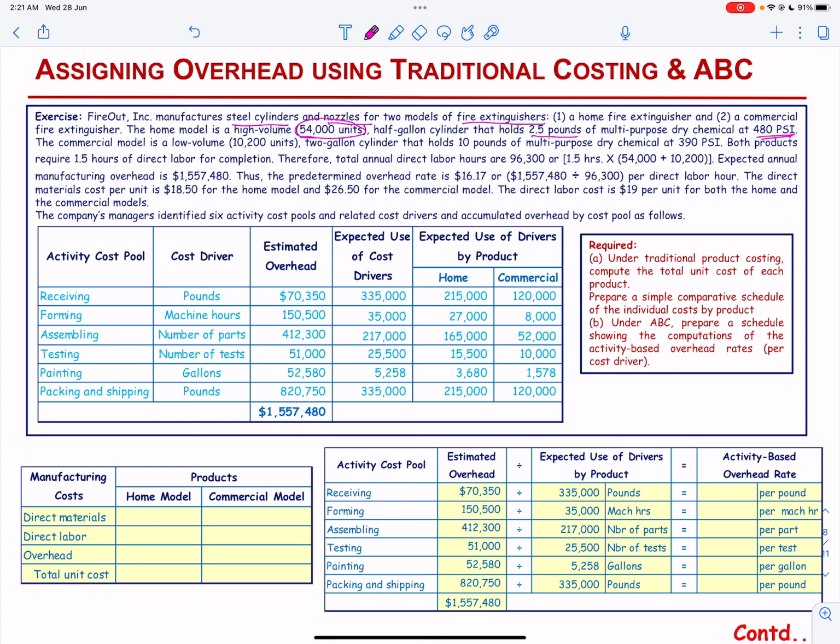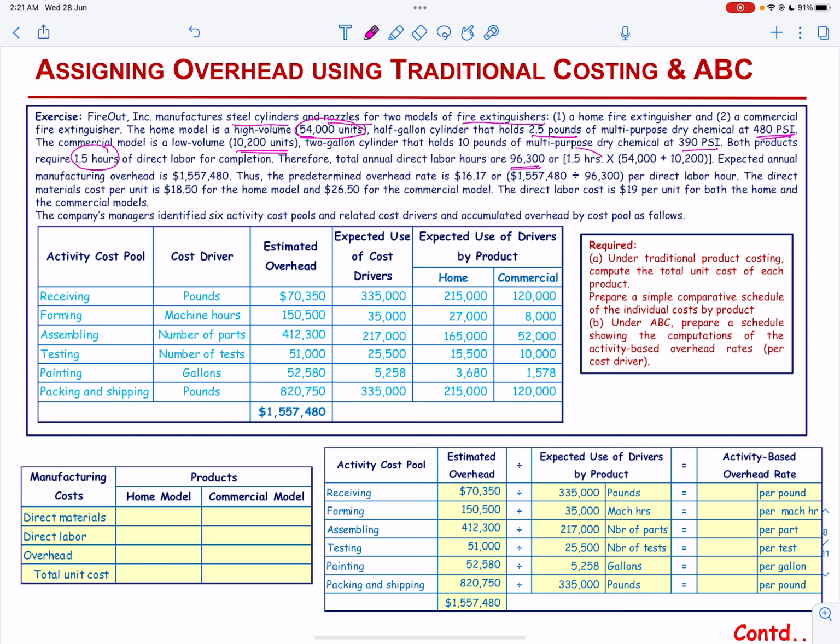The commercial model is a low volume 10,200 units 2-gallon cylinders that holds 10 pounds of multi-purpose dry chemical at 390 psi. Both products require 1.5 hours of direct labor for completion.